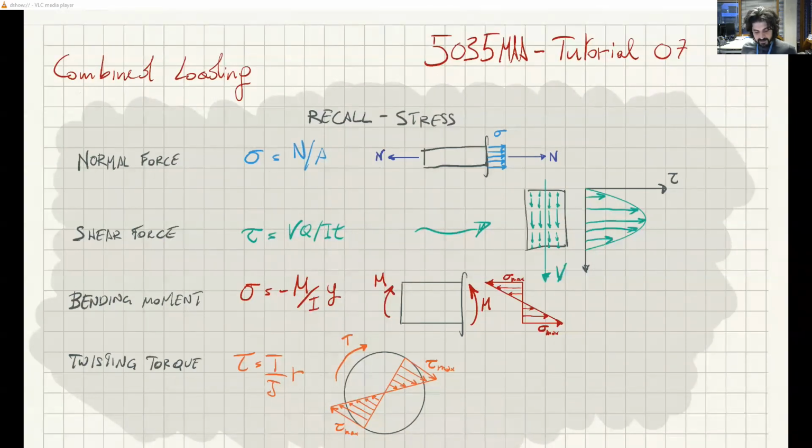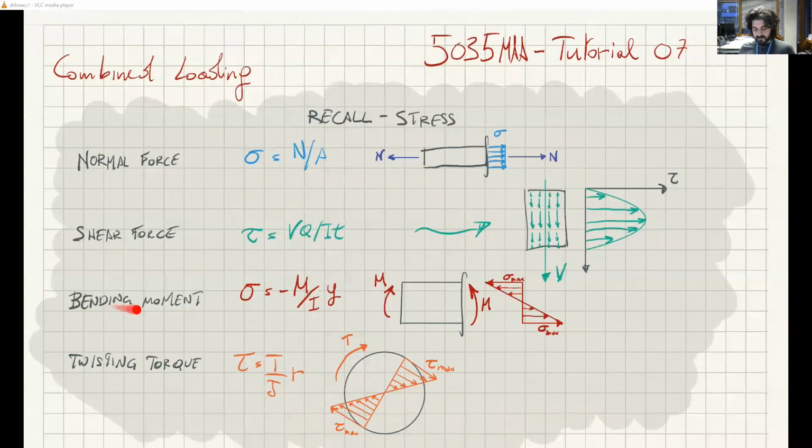So remember, we have the internal loads that are of four kinds. We have normal force, which is always a force acting perpendicular to the cut. The shear force, which is acting parallel, in the same plane of the cut.